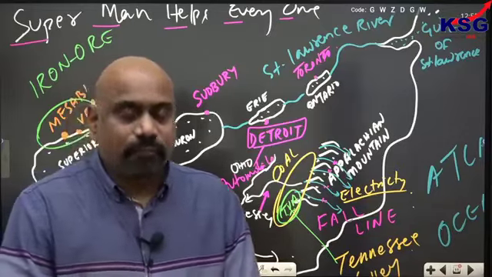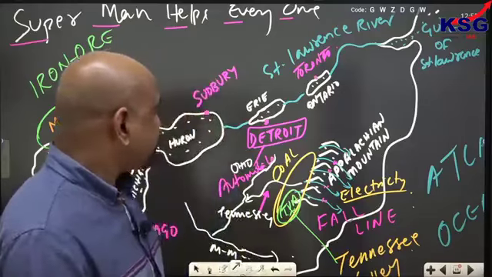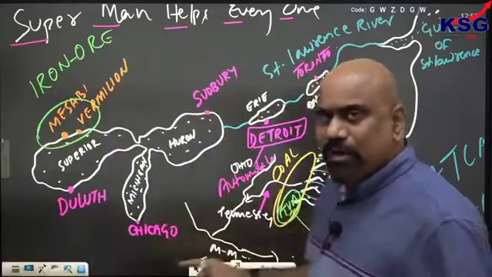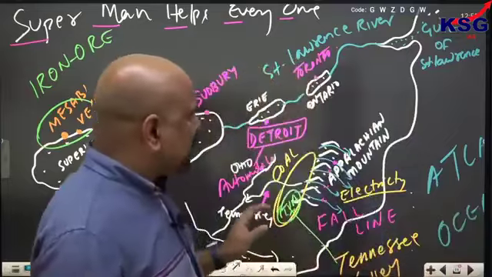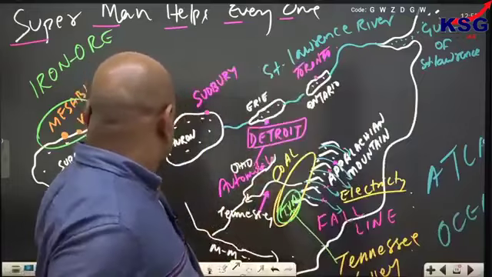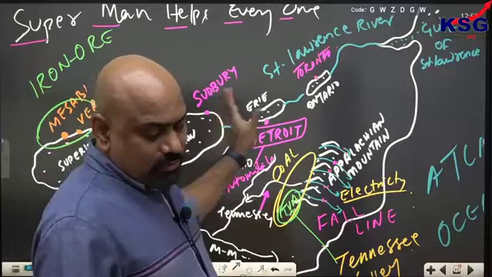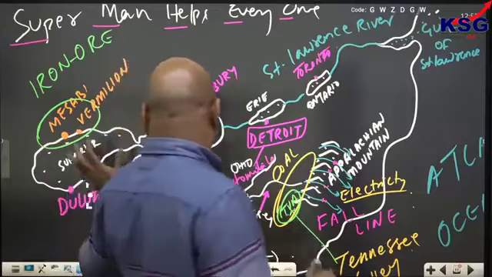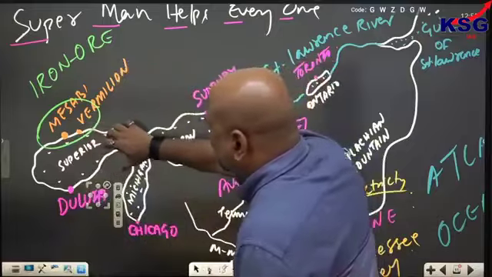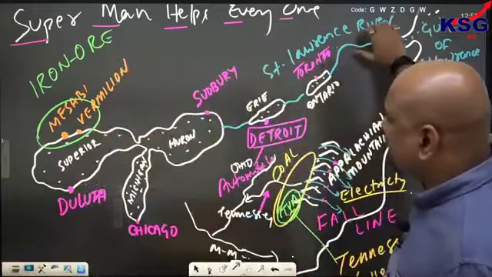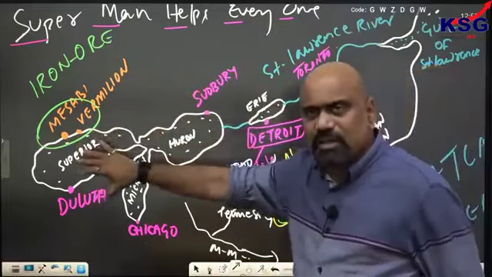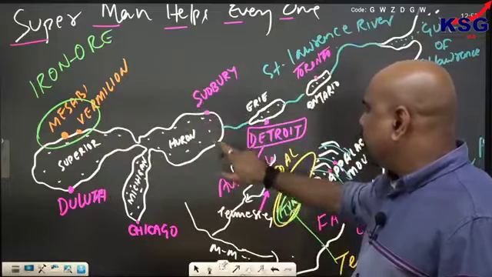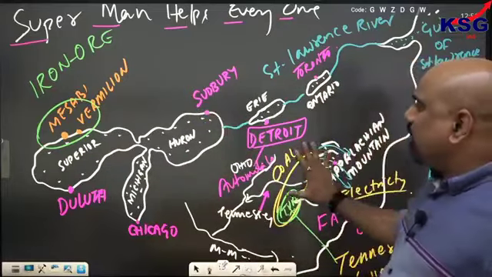Again I am saying, as I have mentioned, in entire North America, if you see the development of the USA, specifically because of the exploitation of the resources, especially from your Great Lake region, the transportation of the raw material from the Superior area towards this side is the Mesabi and Vermilion, this side iron ore, and here you have the presence of what you call coal in this part.